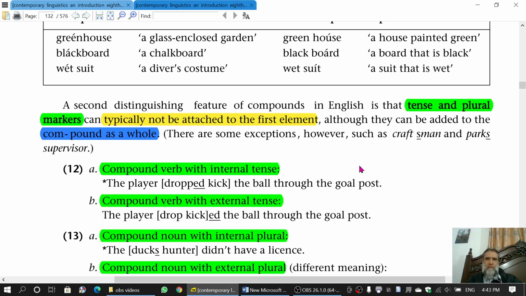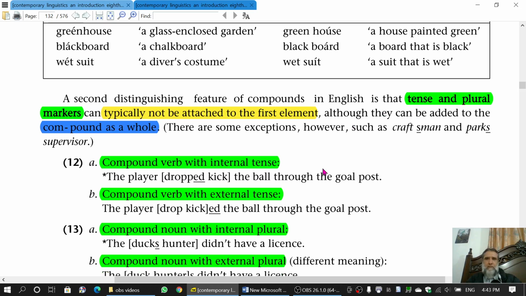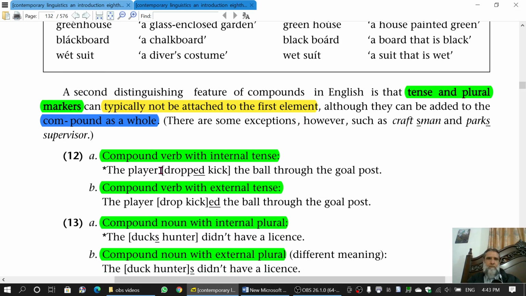Ed makes it past form. In the beginning, I said that tense marker is the S marker, but that is also the tense marker, yes. But actually, it is ed, which is the tense marker, differentiating present tense from the past tense. So these are the tense markers, and then we have plural marker. S, for example, most of the time is added with the nouns, making them plural. That is the plural marker.